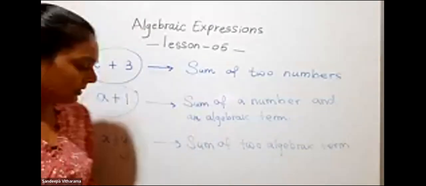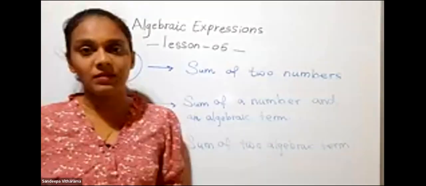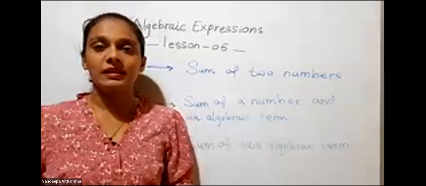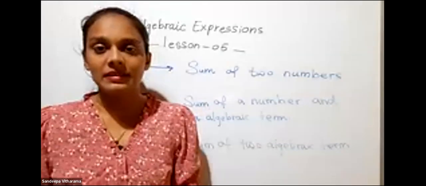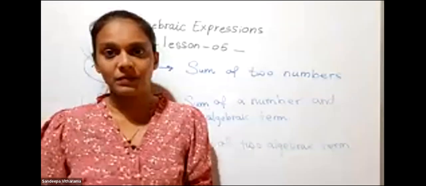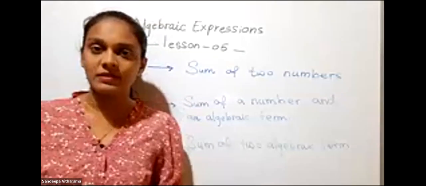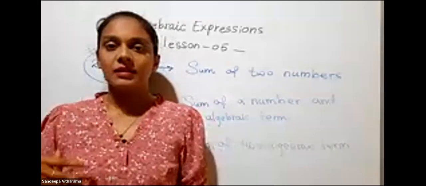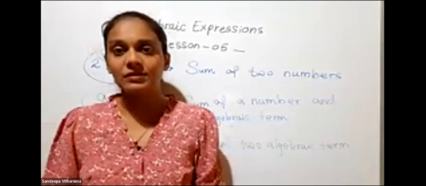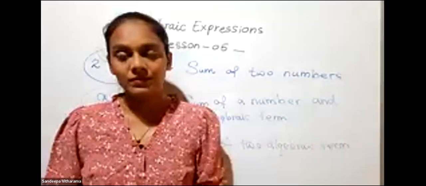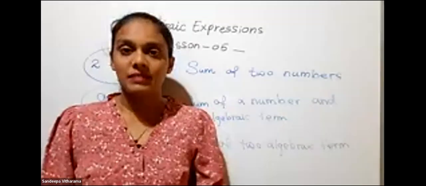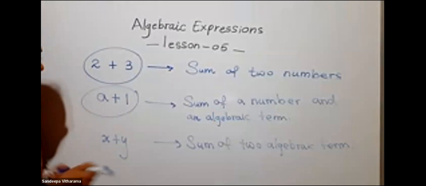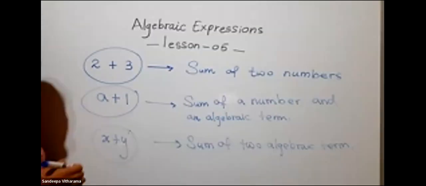If I consider the amount with me as x and the amount with her as y, then I can express it as x plus y. My friend has y rupees and I have x rupees. How can we say the total of the money we both have as a sum? x plus y, x added to y. Okay, it is a sum of two unknown terms.